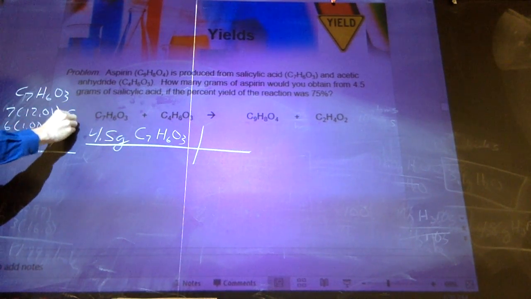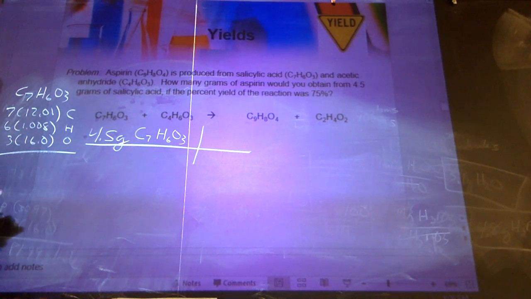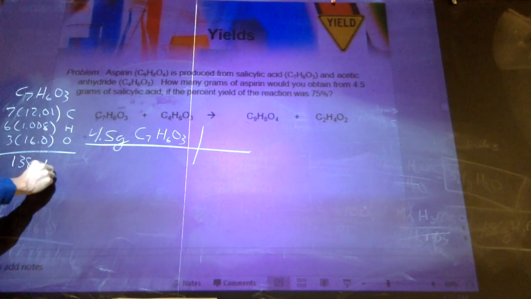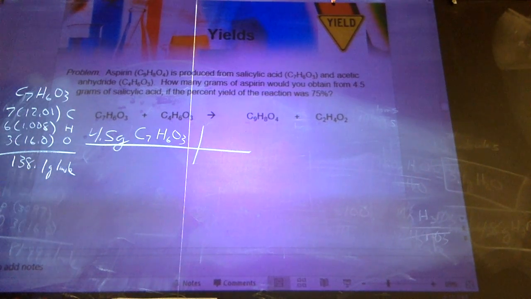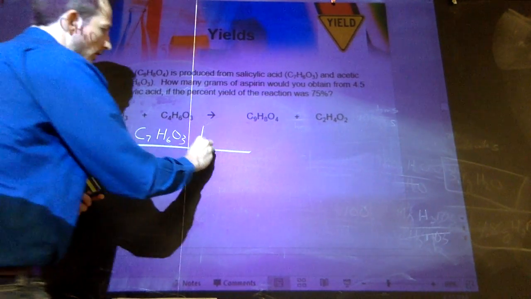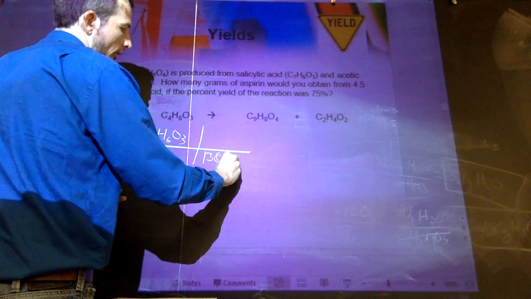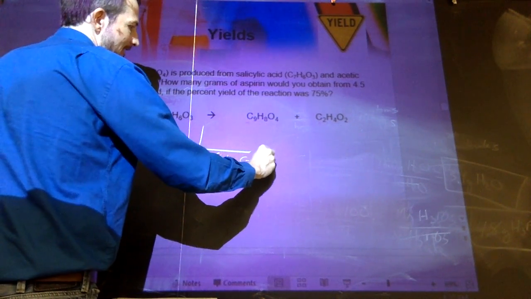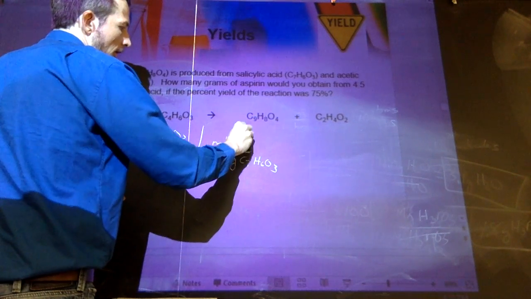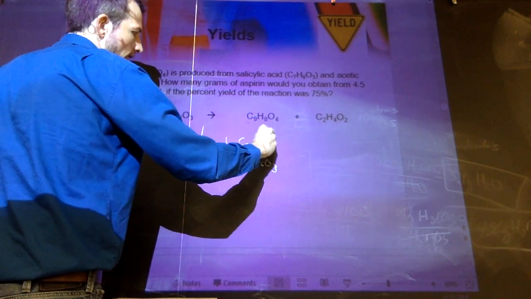This is carbon, hydrogen, oxygen. So you got 138.1. So I come over here, 138.1 grams C7H6O3, mole of C7H6O3.